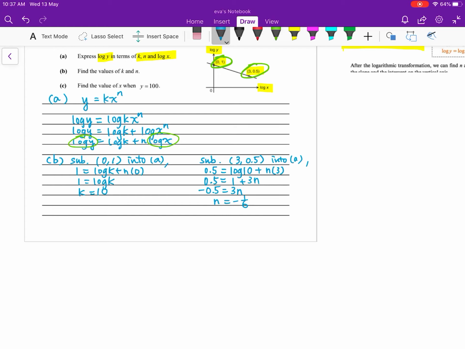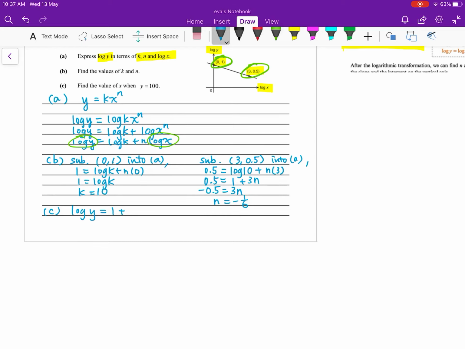Last part. We have to find the value of x when y equal to 100. So let's write the equation first. Log y equal to log 10. Log 10 is 1, just put 1 here.